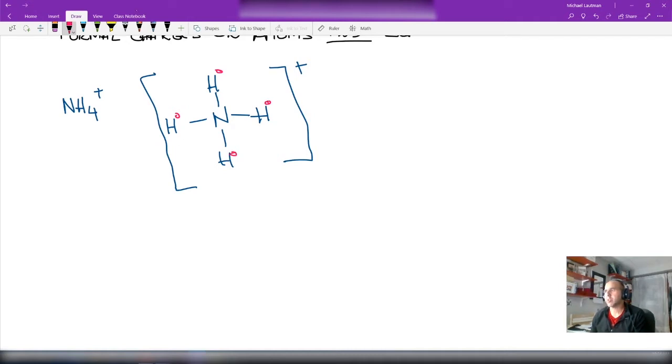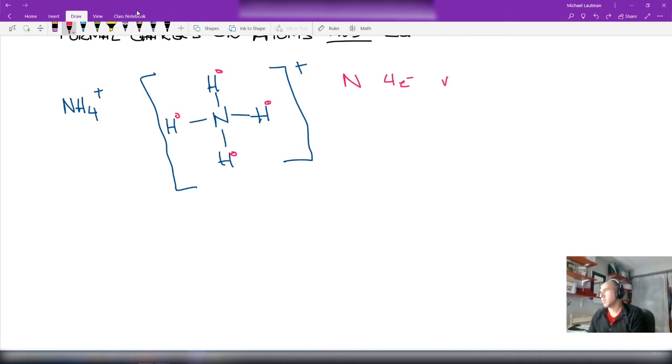But let's look at the nitrogen. If we do our formal charge counting for the nitrogen, how many electrons are counted for the nitrogen? 4, right? 1 from each bond. 1, 2, 3, 4. So 4 electrons. And on the periodic table, how many electrons does a neutral nitrogen atom have? 5.